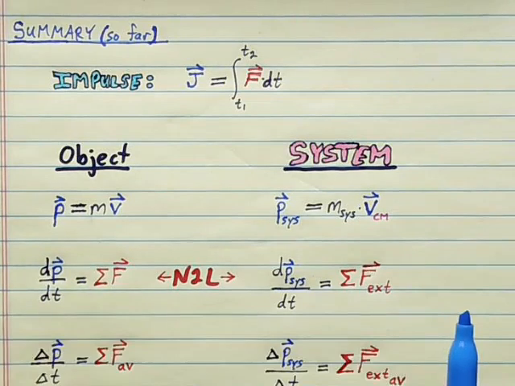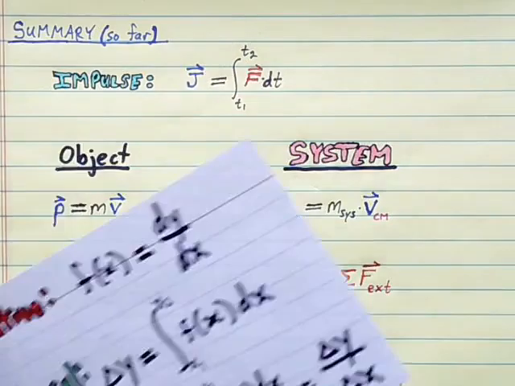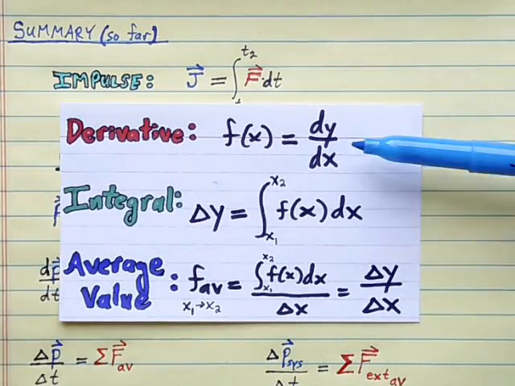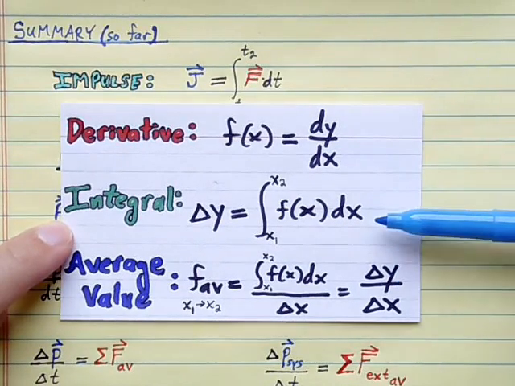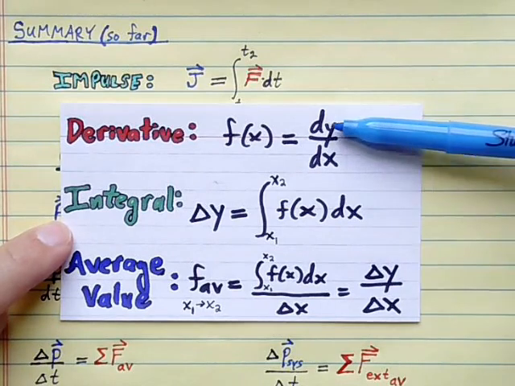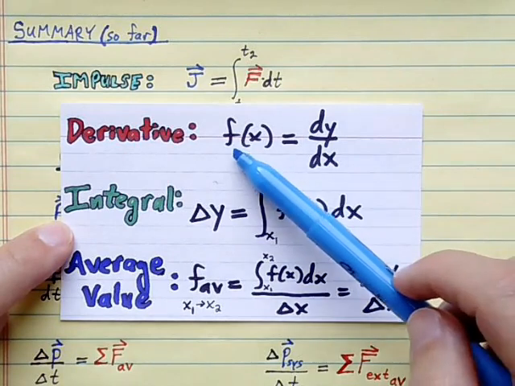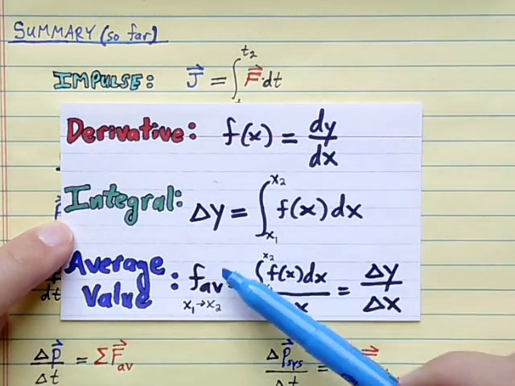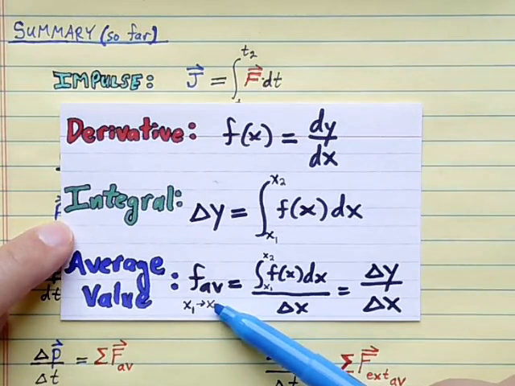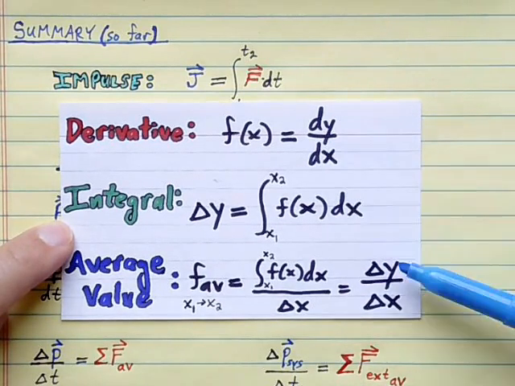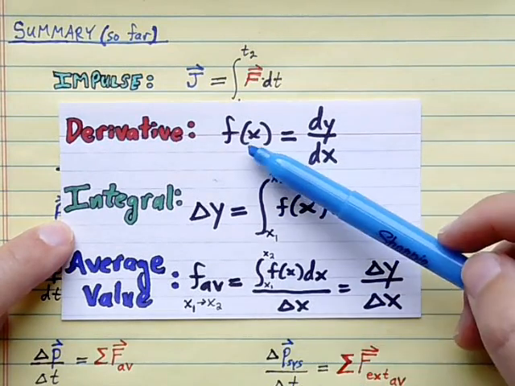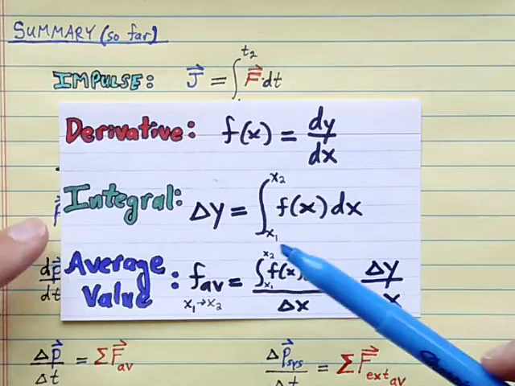Any derivative relationship can be rewritten as an average value relationship and as an integral. So if f is defined as this derivative, then the average value of f over some interval can be found by just replacing the d's with deltas. So dy/dx becomes delta y over delta x, and our instantaneous value of f becomes our average value of f.